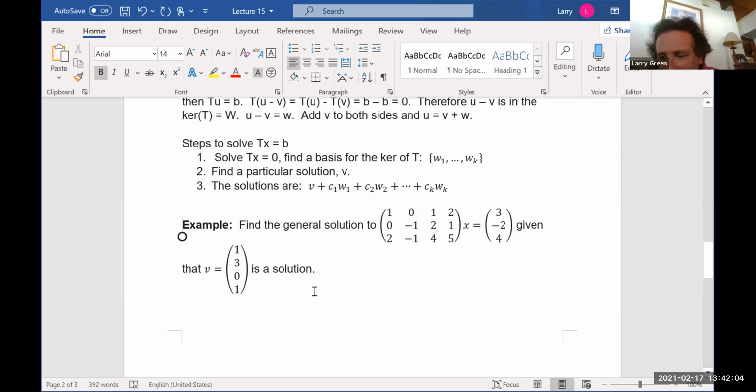I'm going to give you a couple minutes to try this out. We have some time. It'll take you a few minutes. And do it with the steps. And the hint, step 2 is the easiest of all in this case. So let me give you some time. I'll be quiet.